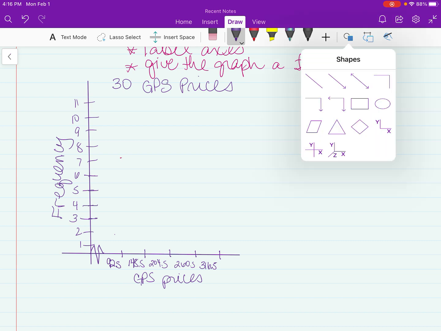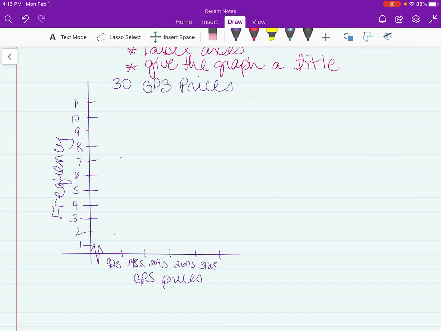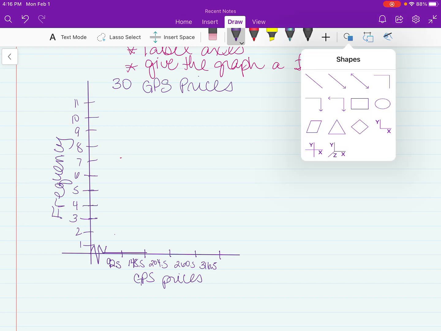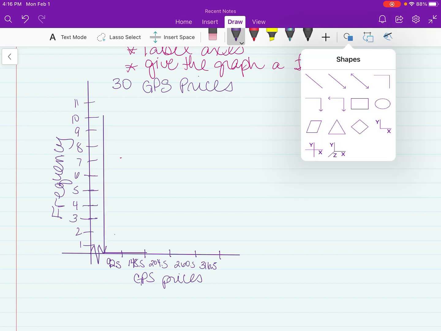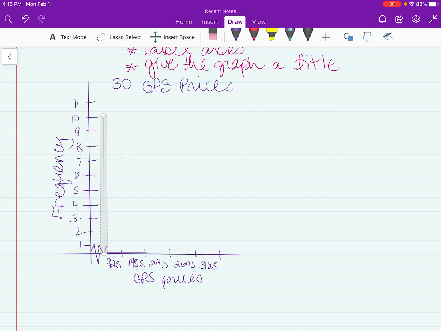And so I'm going to do my first bar, which goes up to 10.